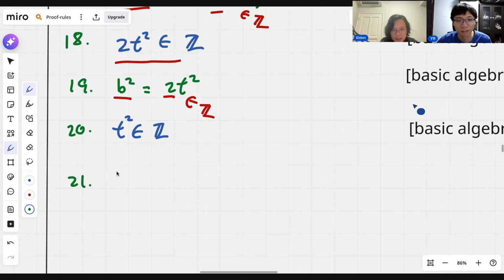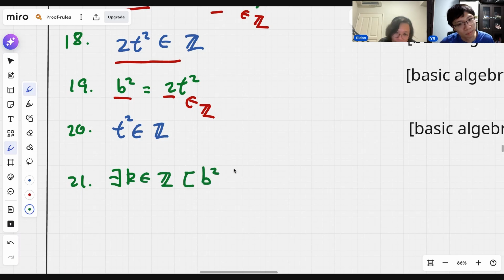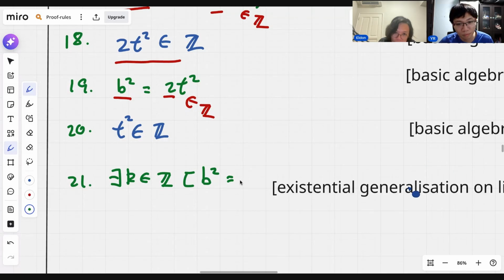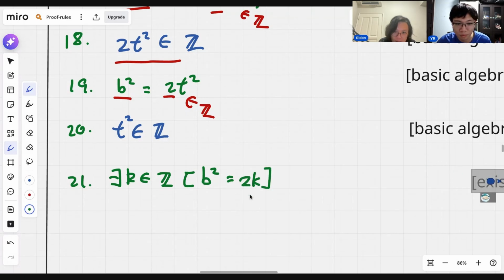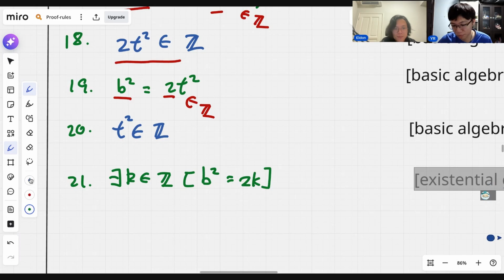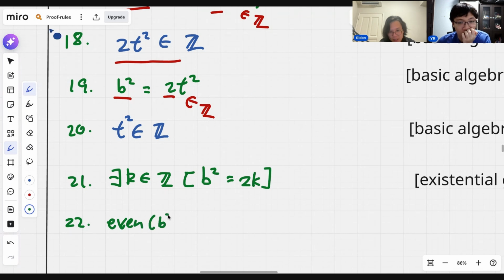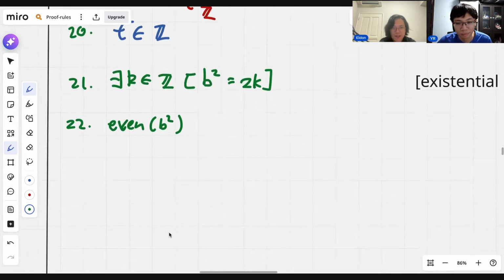This means that there exists an integer k such that b squared is equal to 2k, which means that b squared is even. This is the definition of even.